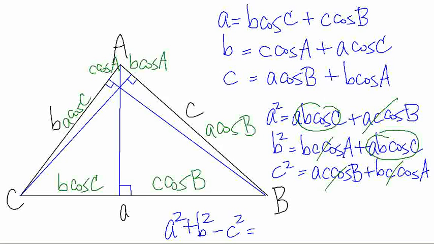So the only thing I will have left is the sum of the two terms that I've circled in green. So that will give me 2 times AB cosine of C. All right? And that is equivalent to the law of cosines, the way I originally wrote it. So therefore, the law of cosines has been proved.